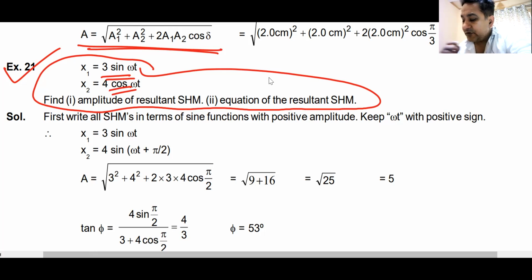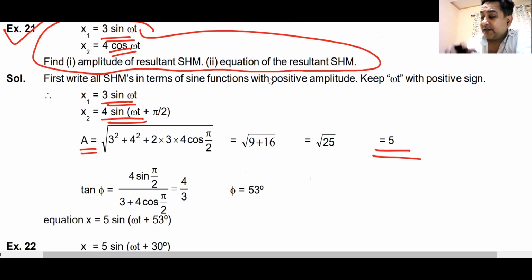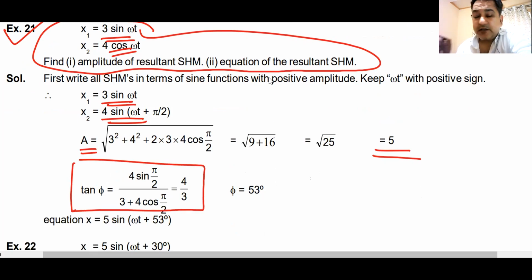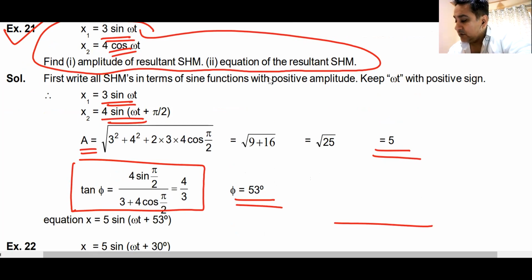What will be the resultant amplitude? So we wrote it in this form. Resultant amplitude is root over A1 square plus A2 square plus 2 times A1 A2 cos theta. Resultant amplitude becomes 5. Tan phi is A2 cos phi upon A1 plus A2 sin phi. So this angle becomes 53 degrees.